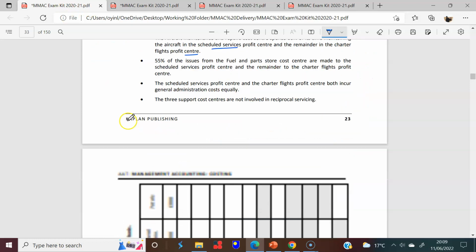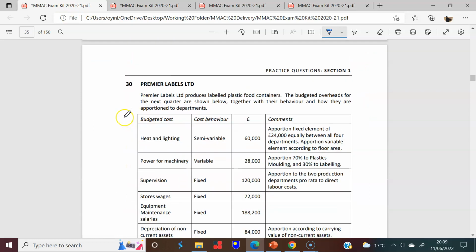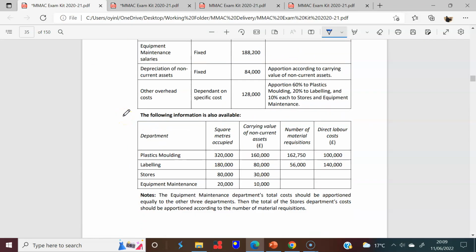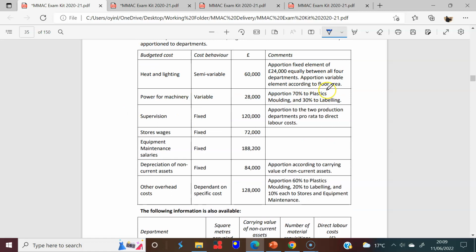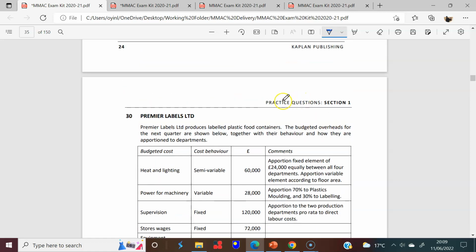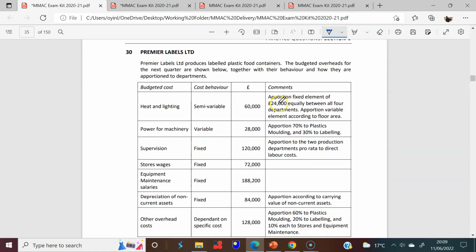Let me see. Well, actually, better to look at it this way. Question 30. Again, seems there is a strong similarity with what we're doing here.